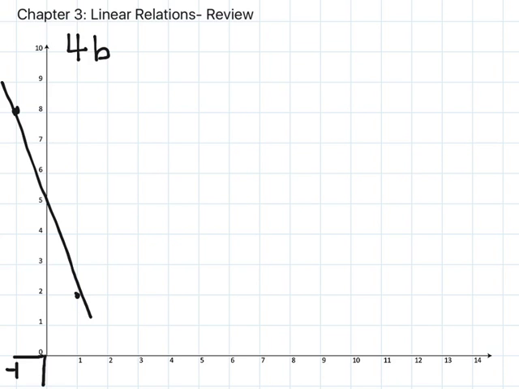For 4b, you have a graph that looks like this one, and again, I'm going to use the points that were marked. So we have -1 and 8, and we have 1 and 2. So for the rise, we're going to go from 2 up to 8.